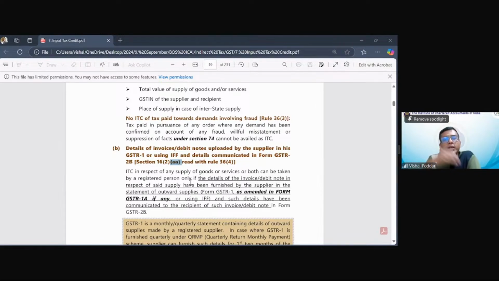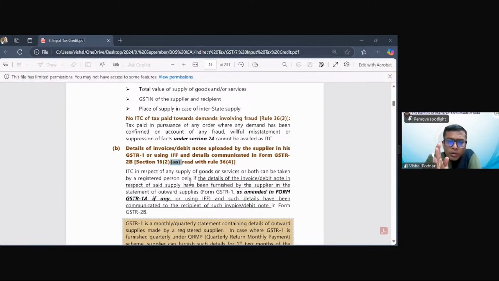Now, because of this condition, the supplier uploads his GSTR1, his sales details, which get auto-populated in your GSTR 2A and also 2B. And now let me tell you how the automation is proceeding. This 2B, which is your auto-populated purchase details, is getting auto-populated in your 3B.